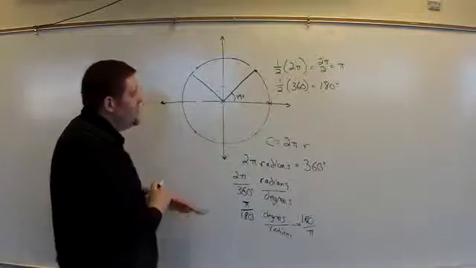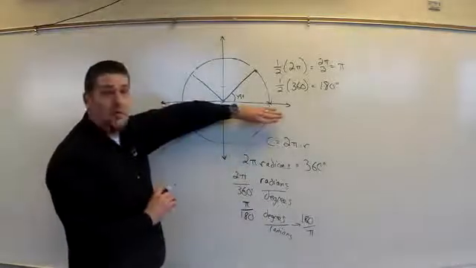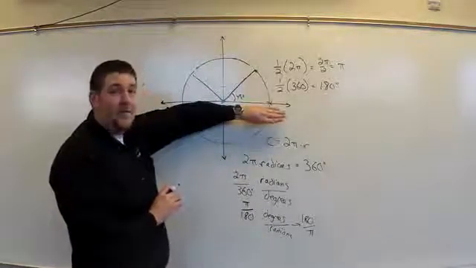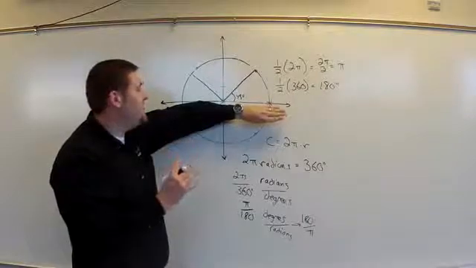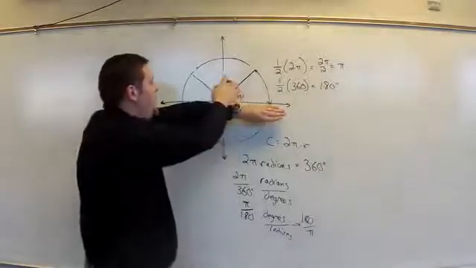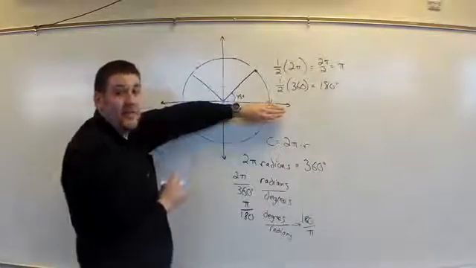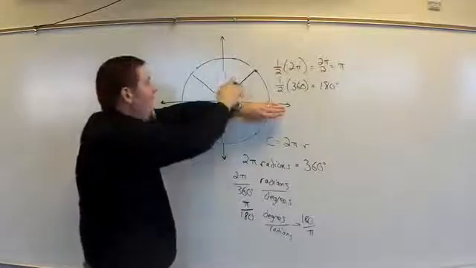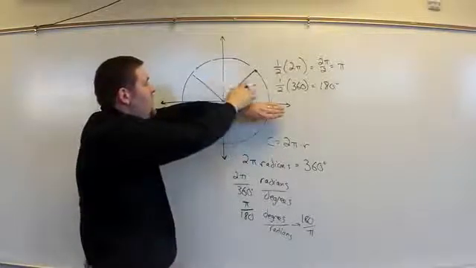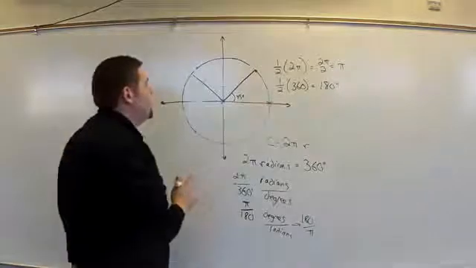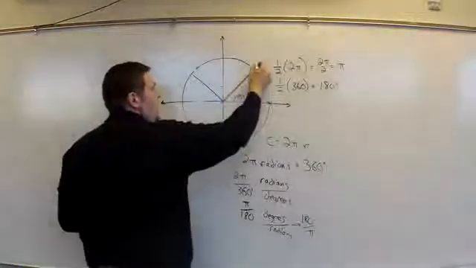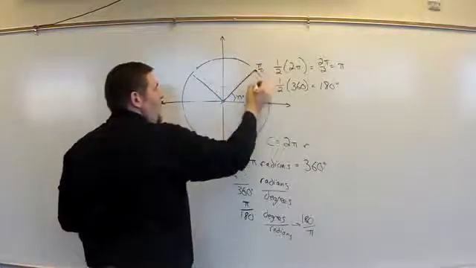If we take a look at just the top half of the circle, I've broken the top half of the circle into 4 equal pieces. In the top half of the circle, I have pi radians. So I'm taking pi radians and breaking those into fourths. And so this measure becomes a radian measure of pi over 4.